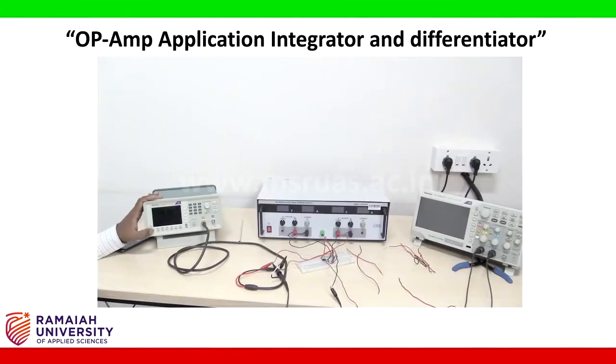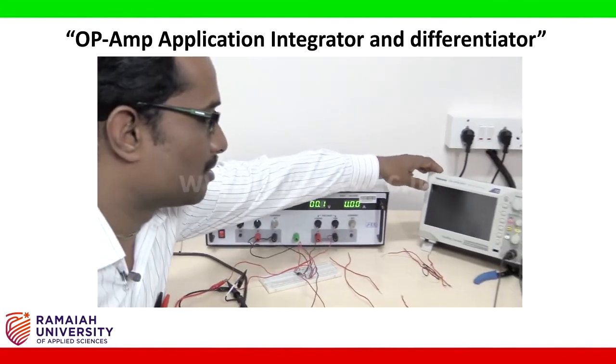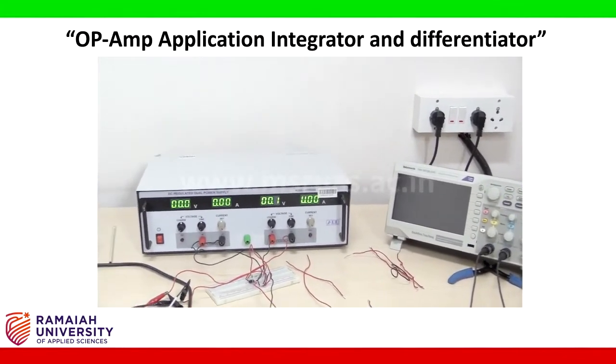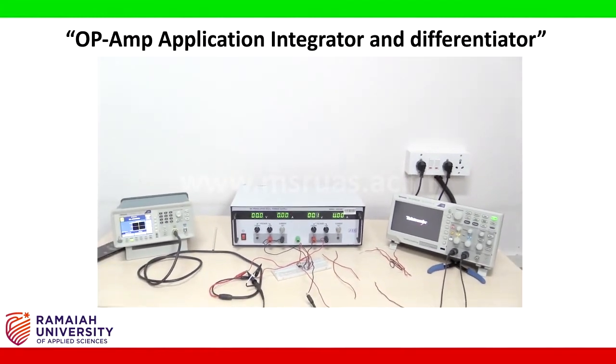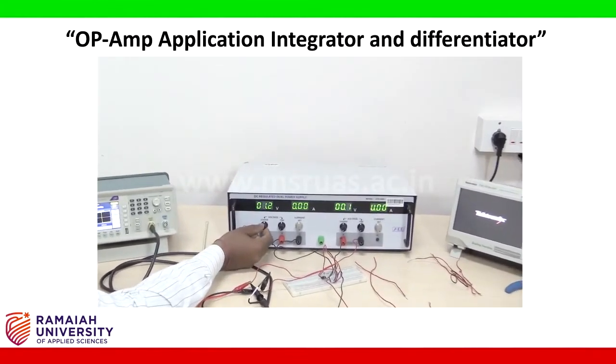Now you switch on the system, signal generator, the DC regulated power supply, and the oscilloscope. Now you set the DC regulated power supply to 12 volt.